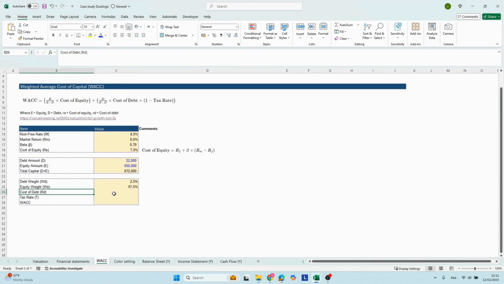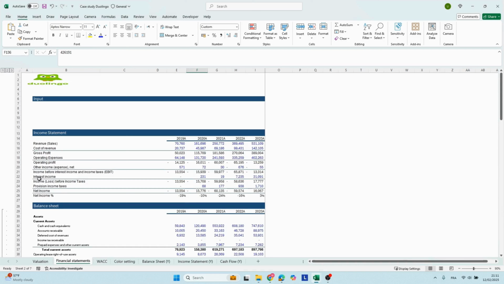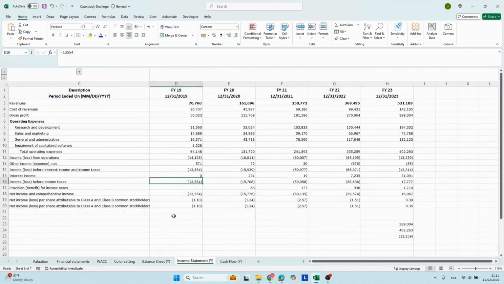Next, we need the cost of debt. So we go to the financial statement and check if the company is paying any interest expenses. When we check, we see interest income. We go also to the income statement, which is more detailed, and check line by line.